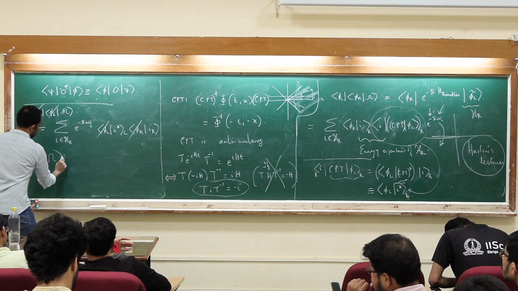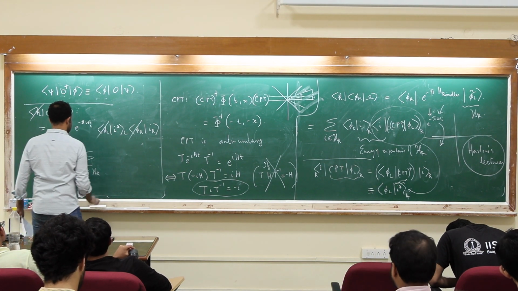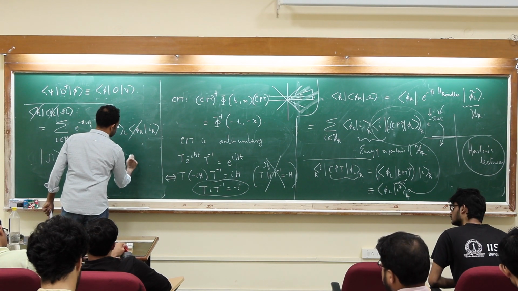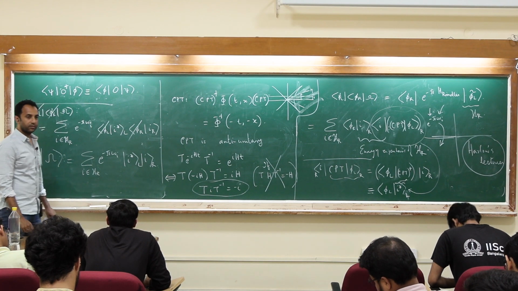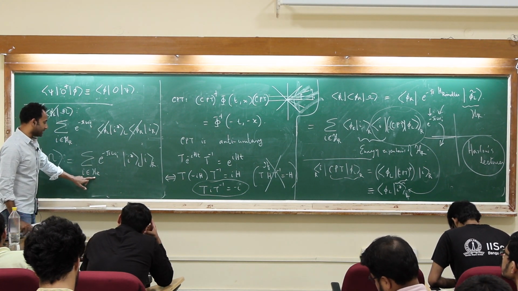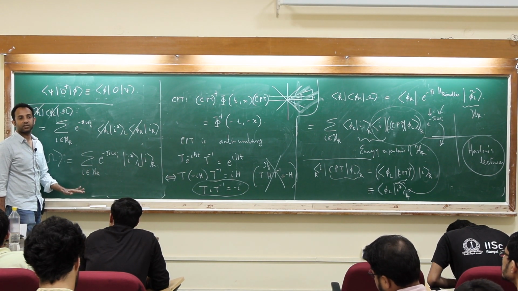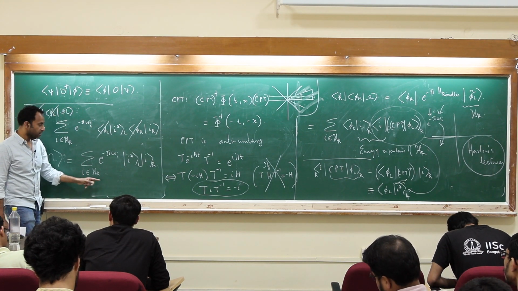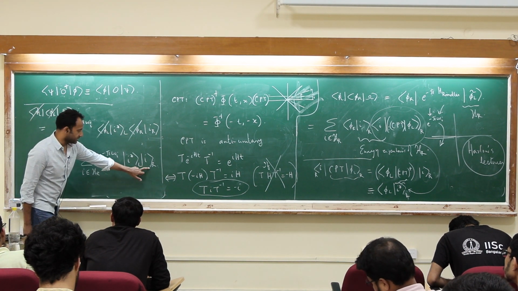So that means my Minkowski vacuum can be written in this way. Note that this sum over HR should not be thought of as a sum really on HR. It just means that it is over the eigenstates of that HR. Note that this ket is living on HL, and this ket is living on HR.